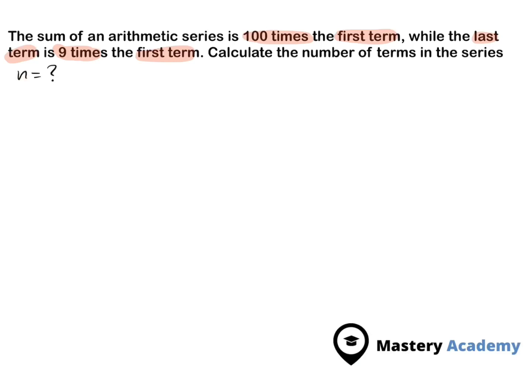So it says the arithmetic series, which is Sn, is 100 times the first term. First term is T1, but we know that T1 is equal to a. Therefore, Sn is going to be 100 times a, which is the same as just 100a. And then we also know that the last term, which is L, is 9 times the first term.